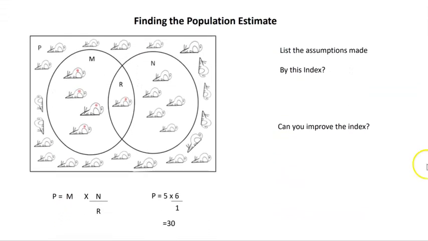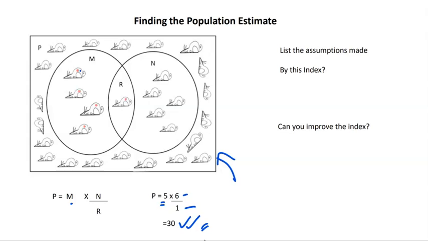So in my particular case, with 5 animals in the original sample, which is M, the second sample was 6, and of those 1 was a recapture. So our estimated population for the entire sample site is 30.